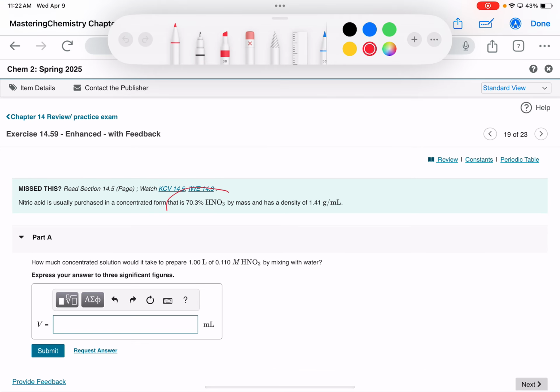Okay, so we've got 70.3 HNO3 by mass. So every time you have a concentration unit that you're not super comfortable with, like molarity, let's go ahead and define that. So 70.3% by mass means 70.3 grams HNO3 over 100 grams of the whole solution.